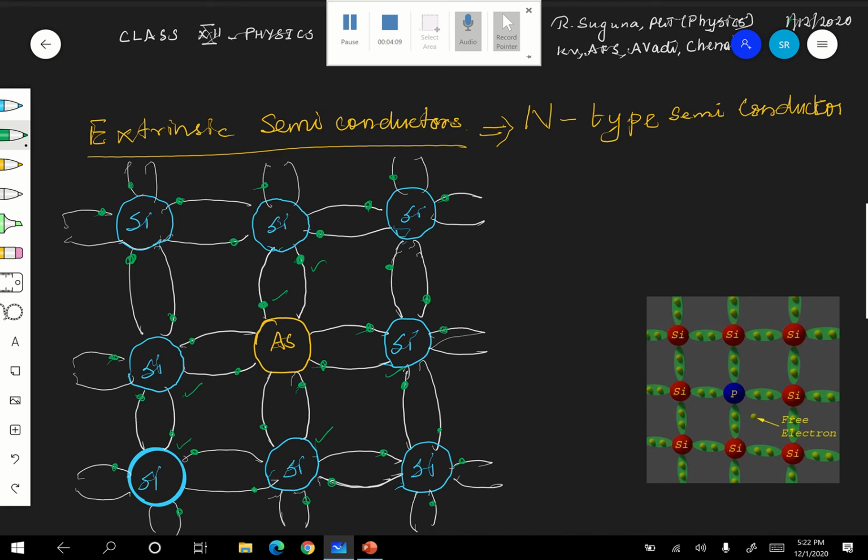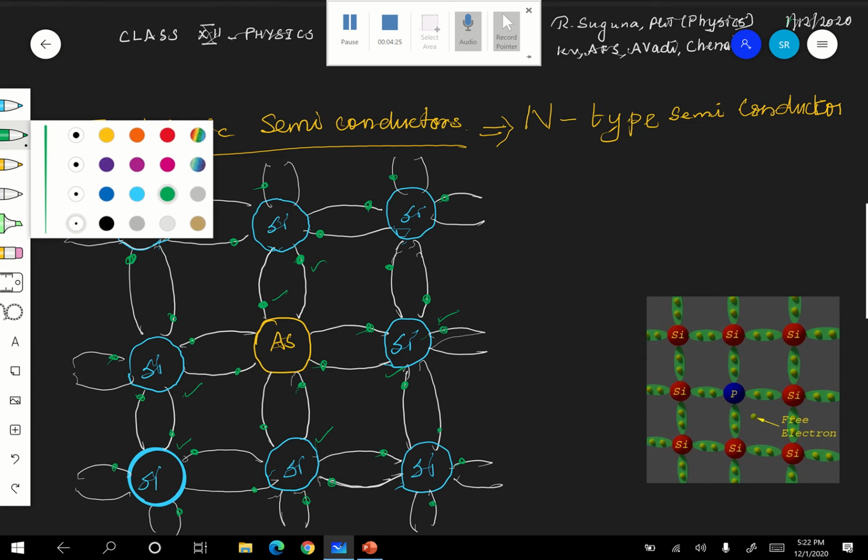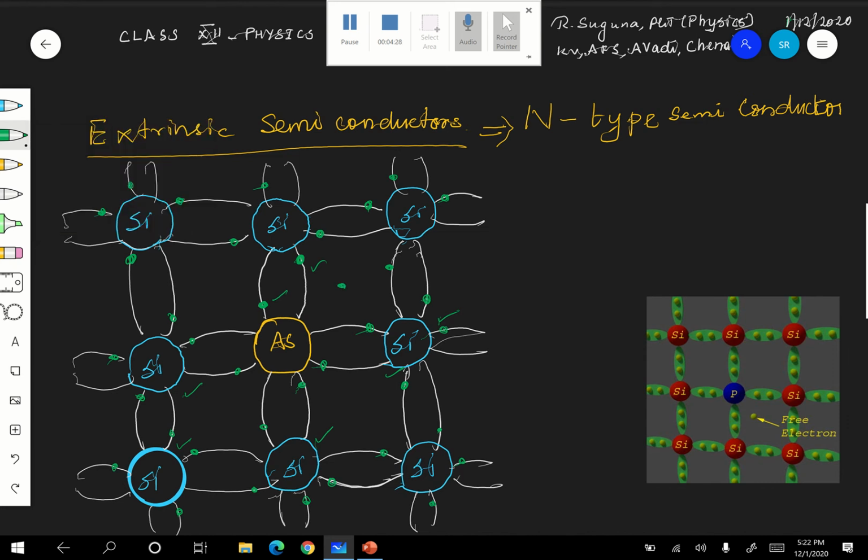Apart from that, it has one more electron, and that one electron is free.